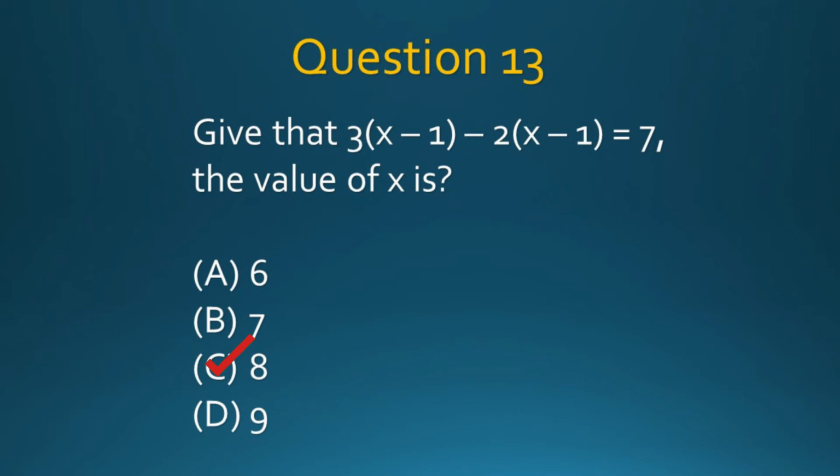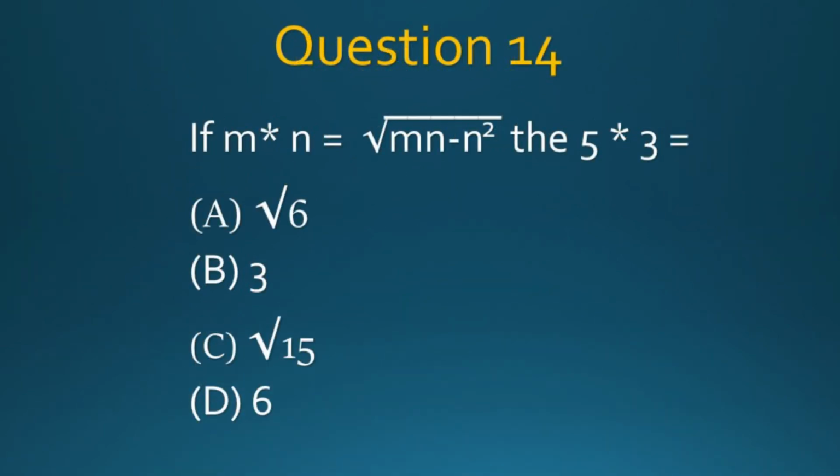If m operation n, and this is a binary operation, equals the root of mn minus n squared, then 5 operation 3 equals what?